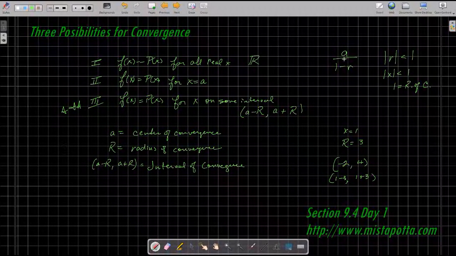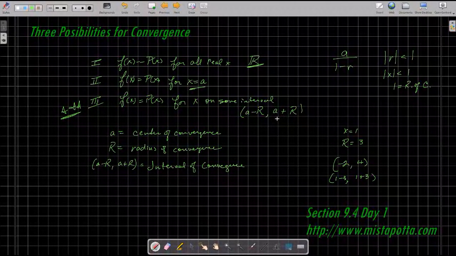It's really nice when it's the reals. It really is bad when all we can do is have it for one point. But most likely it's going to be a situation where we're converging only on some interval including a.